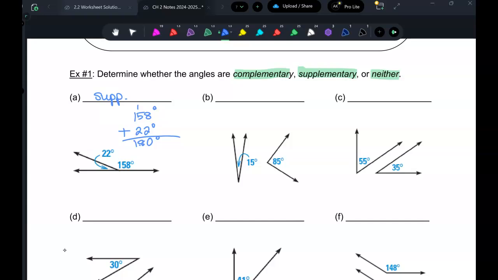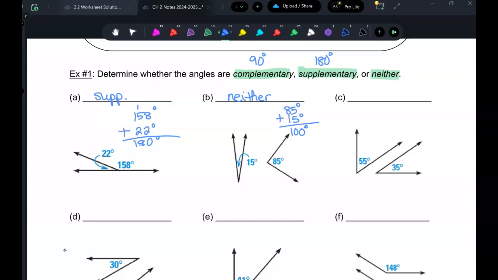Okay. So if we do 85 and 15, we carry the 1, but that's going to give us 100 degrees. So that is neither. Again, complementary has to add up to 90. Supplementary adds up to 180. Anything else is automatically neither.